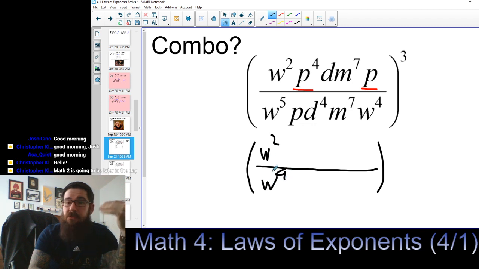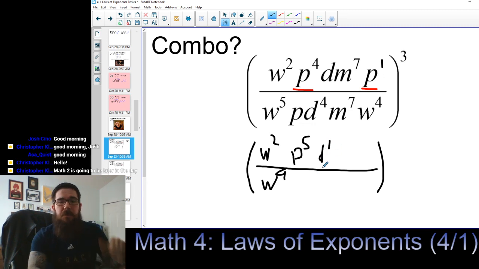You might start to realize we've got some division here, so we're going to do law 2 in the next step. I have a p to the 4th and a p right here to the 1st in my numerator, so I get to add those exponents. I've got a 4 for one of them, a 1 for the other, add those together to make 5. D, just sitting on its own, I'm going to write in d to the 1st because this is sort of the work that I'm doing just to help me keep track of those pieces.